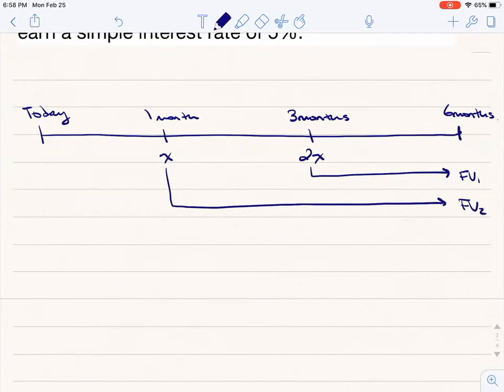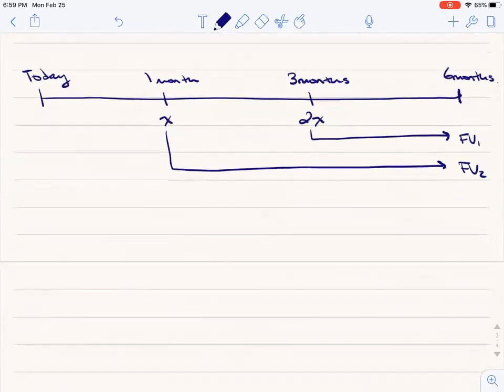The only reason I'm making this one grow to future value 1 and this one to future value 2 is because I don't like my arrows to overlap, but it really doesn't matter which one's which, as long as you can keep track of them. I always start at the one closest, draw my arrow, and then move out, because it makes for cleaner timelines.